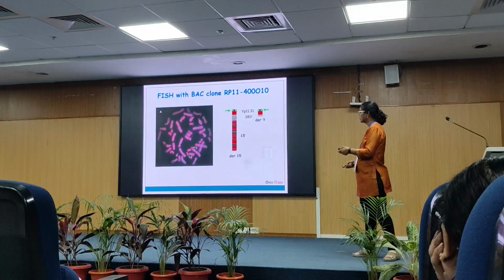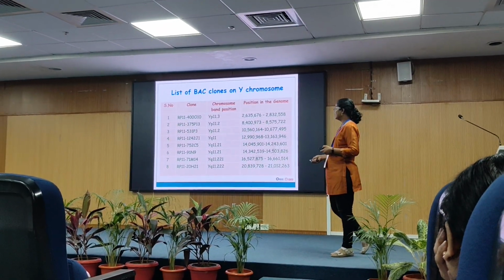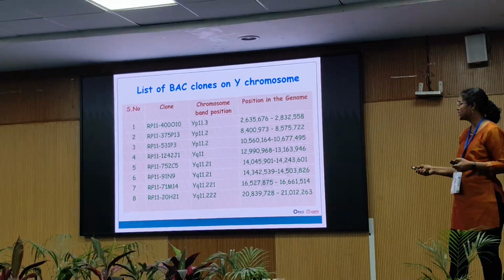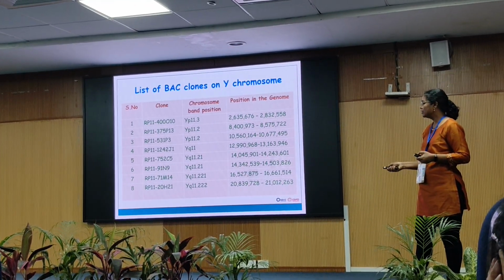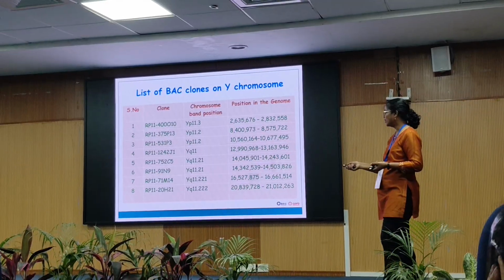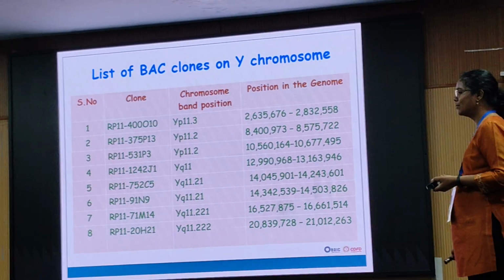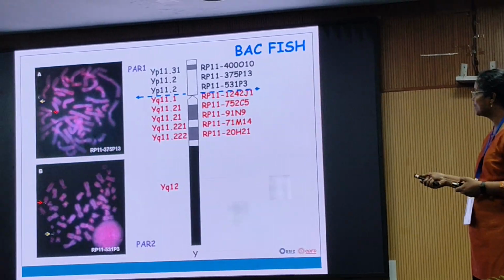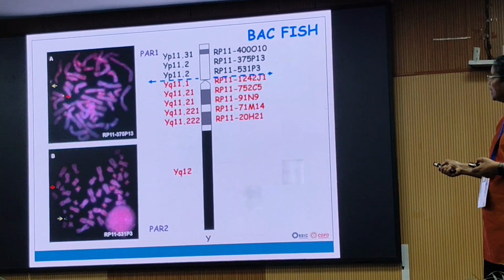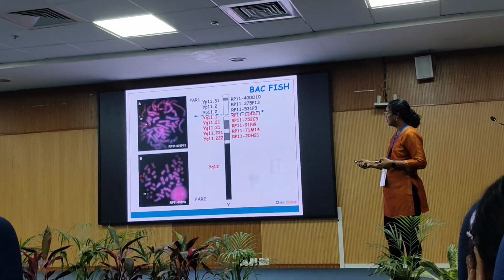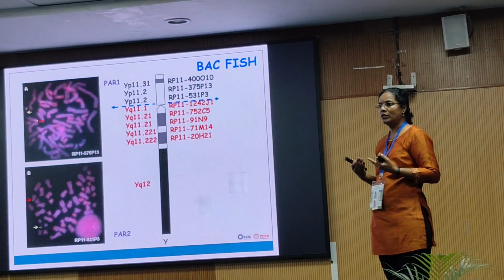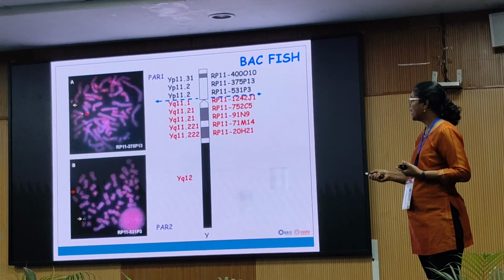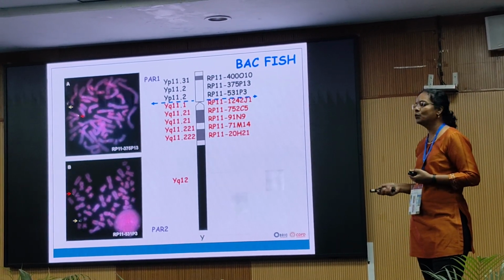Then we had a list of all these backbones. These are position specific. On the P region we have taken 3 clones, and on the Q region we have taken 5 clones, and then we have done FISH. When FISH was done, we saw that all the probes present on the P region were duplicated, and the probes present on the Q region were all deleted.